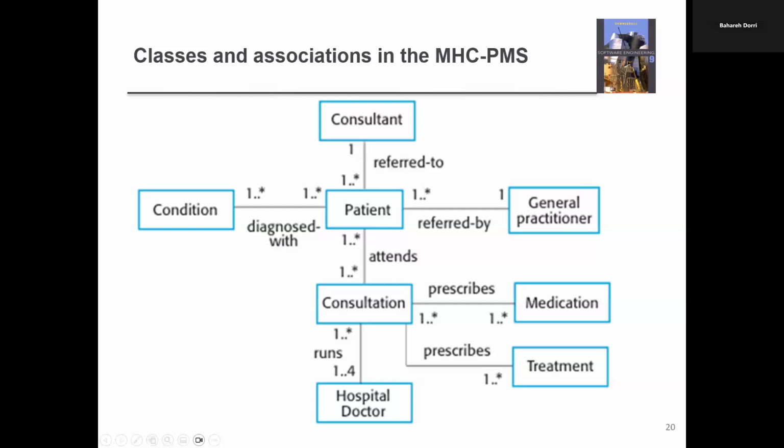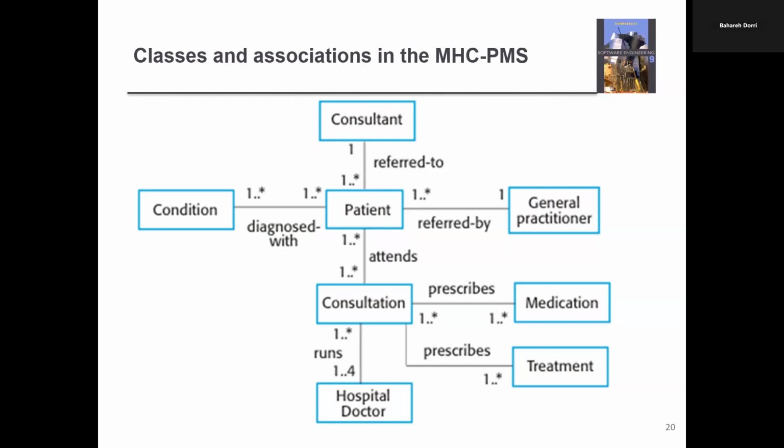This diagram gives us a more complicated and complete structural model of a healthcare system, showing how different entities are related. Let's start in the center with the patient class, because everything else branches out from here.